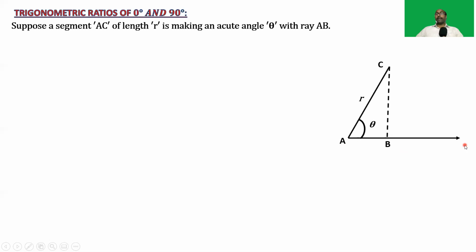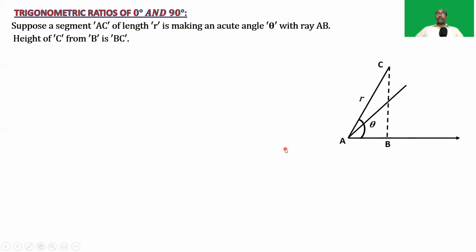Okay, this is the ray AB and AC is the segment which is making an angle theta with AB. The height of C from AB is BC. Okay, this dotted line represents the height of C from AB.